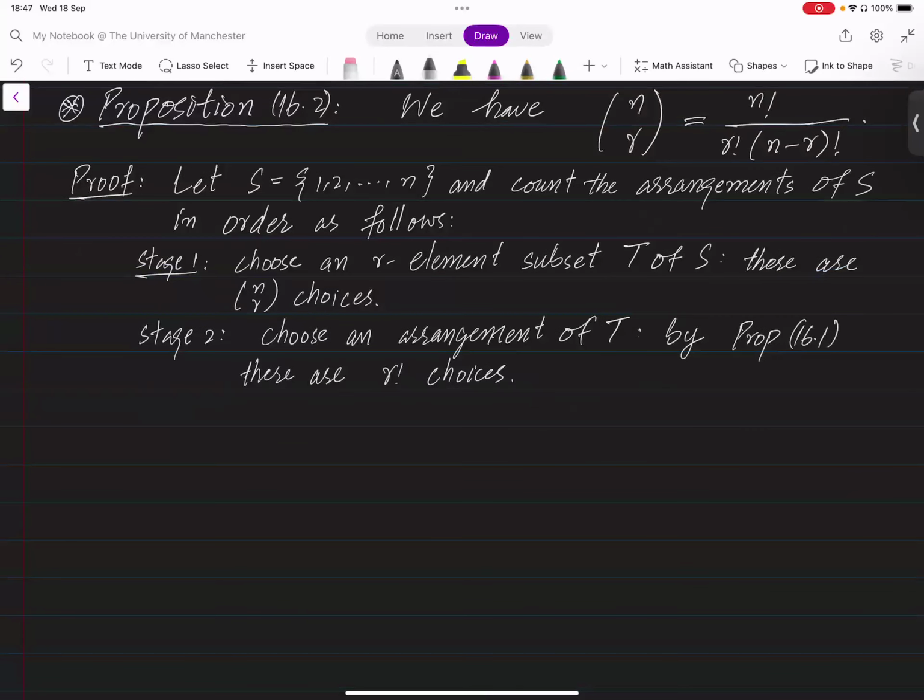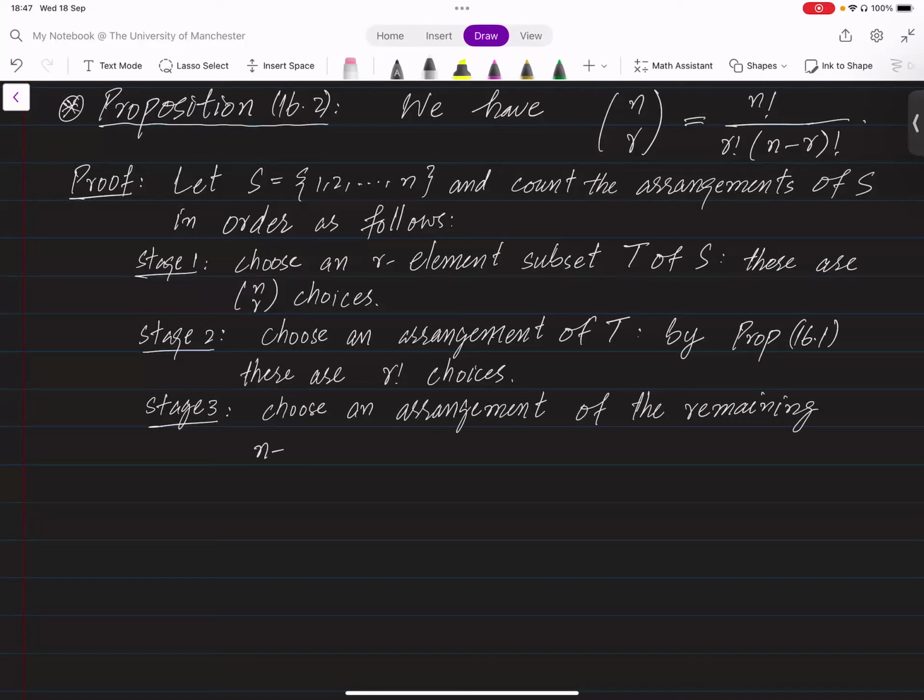Then stage three is to choose an arrangement of the remaining n minus r elements of the set S, and there are n minus r factorial choices.